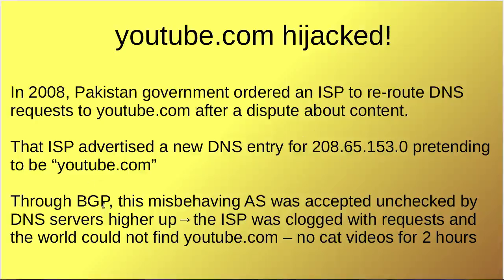Through this border gateway protocol that we just talked about, this one misbehaving autonomous system was accepted unchecked by servers higher up. For example, in Hong Kong, a server there picked up this change, and as a result, they ended up giving all requests for YouTube, or a significant number of requests for YouTube around the world, to this one ISP in Pakistan.